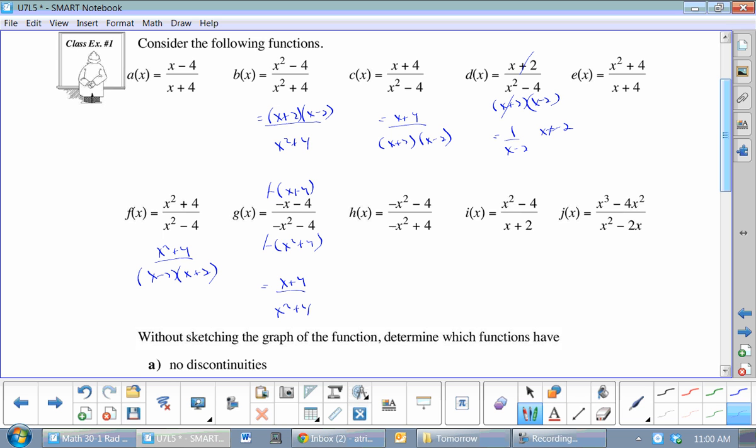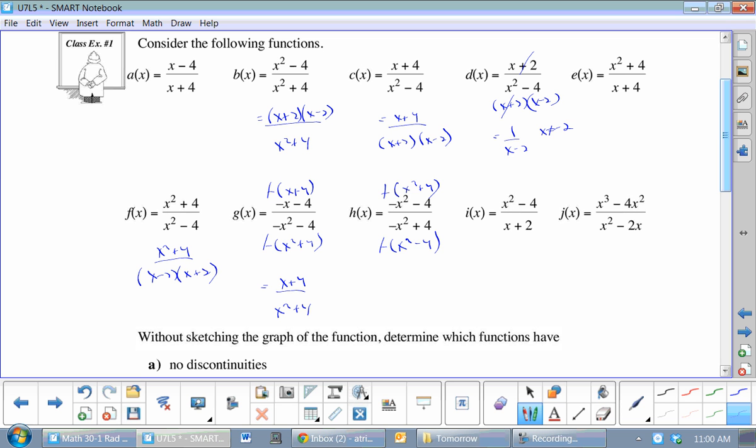I think this one doesn't really, maybe you're seeing, well, I don't see a big advantage there. But you'll see in the next one there is a big advantage because this is negative x squared plus 4, and this is negative x squared minus 4. So the negatives will cancel again.